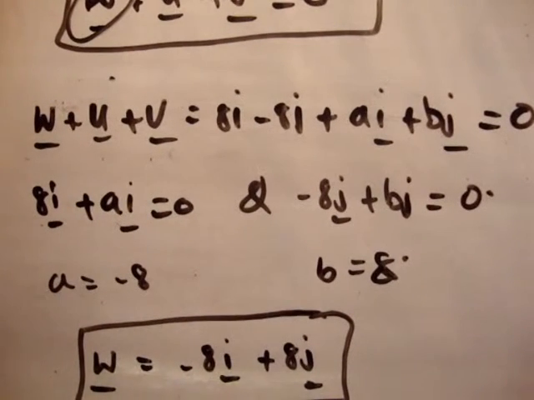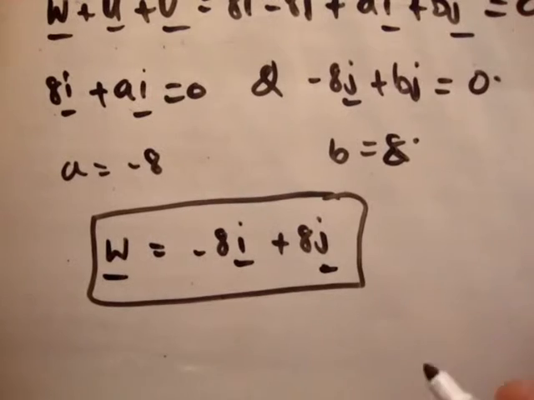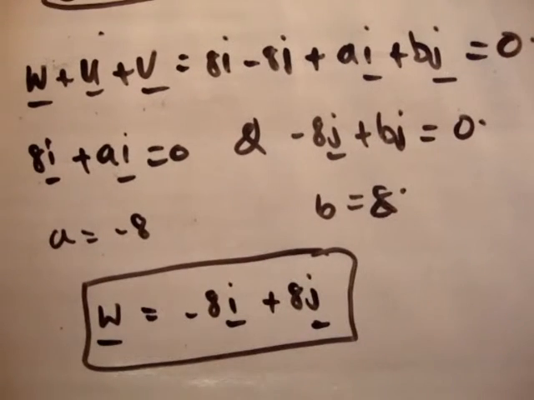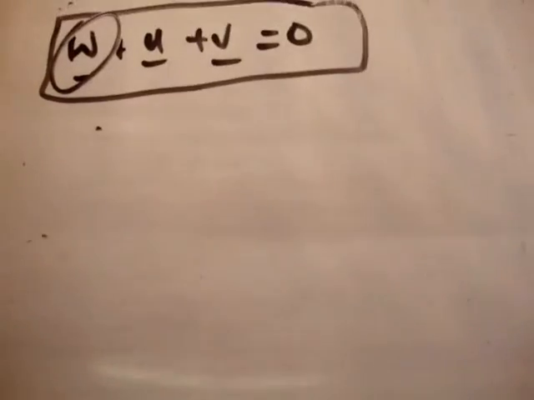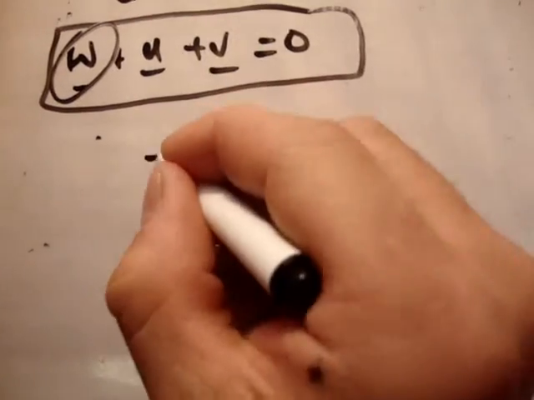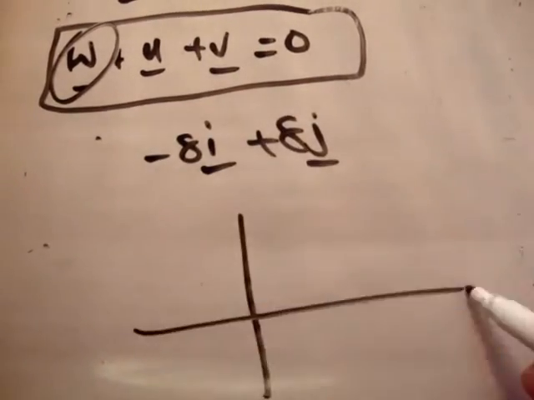Now, it also says find the magnitude and direction of w correct to one decimal place. So I'm going to do this very quickly now, because this is something we've done plenty of times. Okay, so w is minus 8 i hat plus 8 j hat. So what do we do?